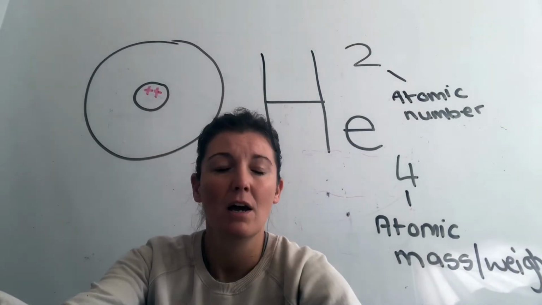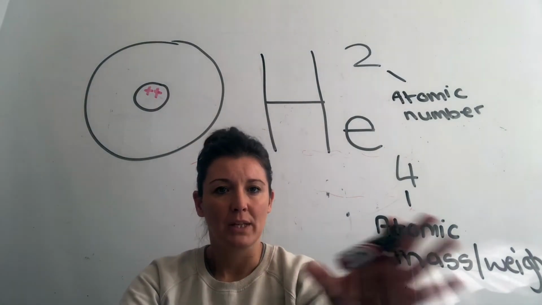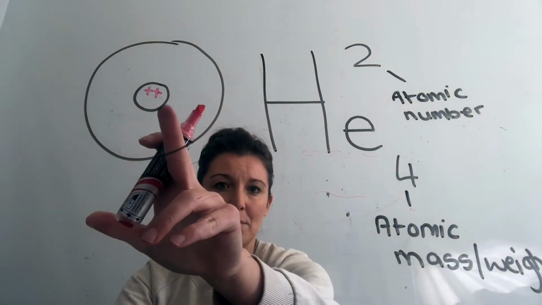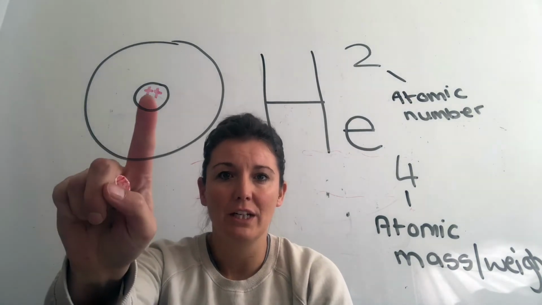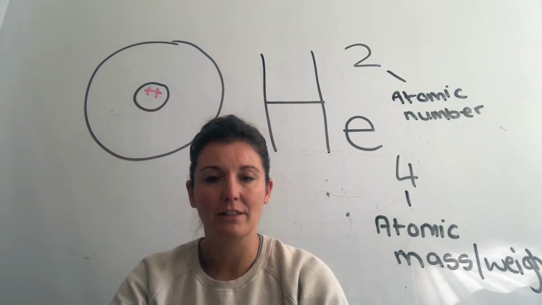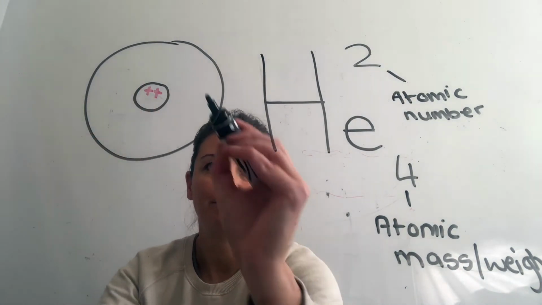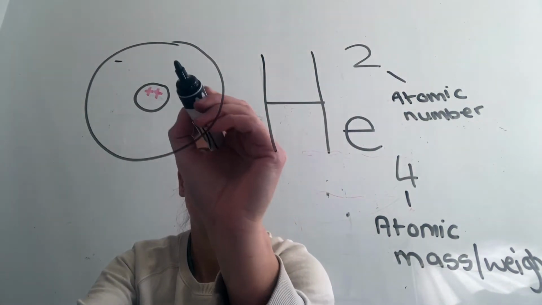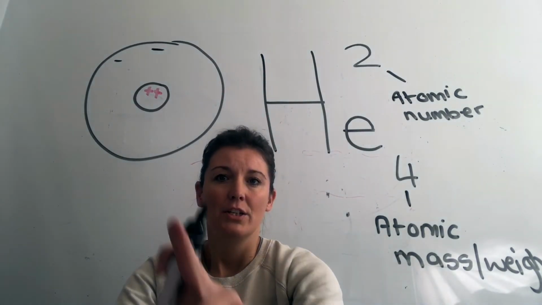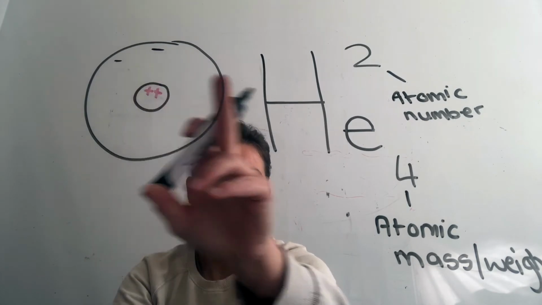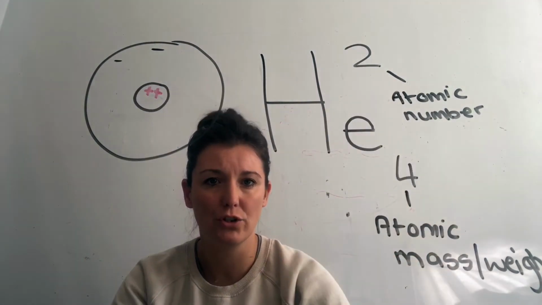There would be 2 pluses in the middle. And remember we said most elements in their normal form will have the same amount of pluses and minuses. So if we have 2 pluses, we know that there'll be 2 minuses on the outside. So I'll put 2 minuses there on the outside. So we've got 2 pluses and 2 minuses because the atomic number is 2.